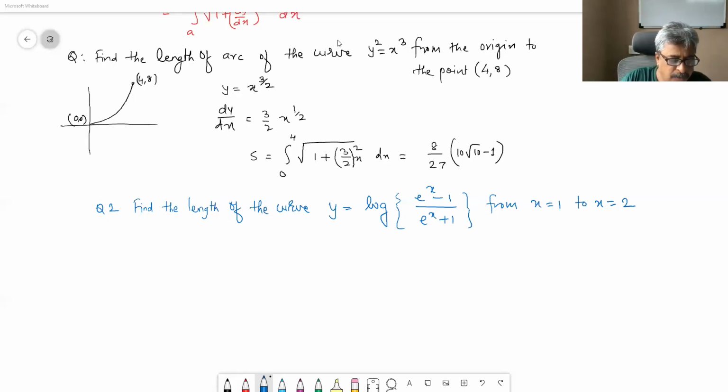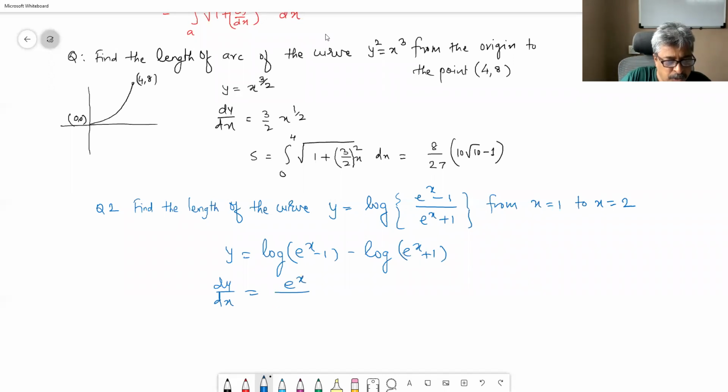Quickly let me write down. It is y is equal to log (e raised to x minus 1) minus log (e raised to x plus 1). dy by dx is equal to e raised to x upon (e raised to x minus 1) minus e raised to x upon (e raised to x plus 1).